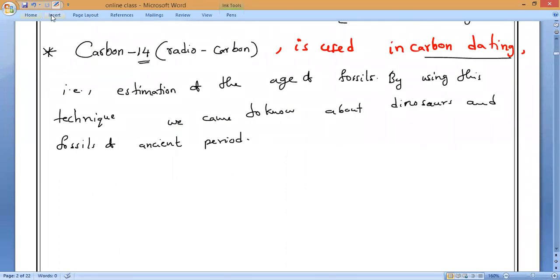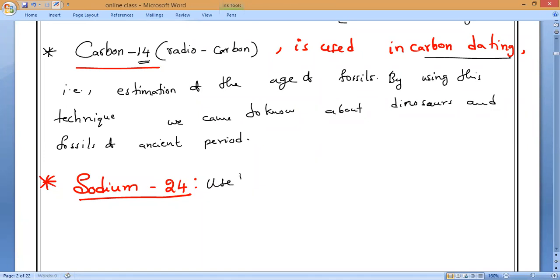Next, the most highly reactive element. What is that? You all know, we used to use it every time. Sodium. So sodium-24 is also one of the radioactive isotopes. It is used in detection of blood clots in the brain. You might have heard of brain tumors nowadays.